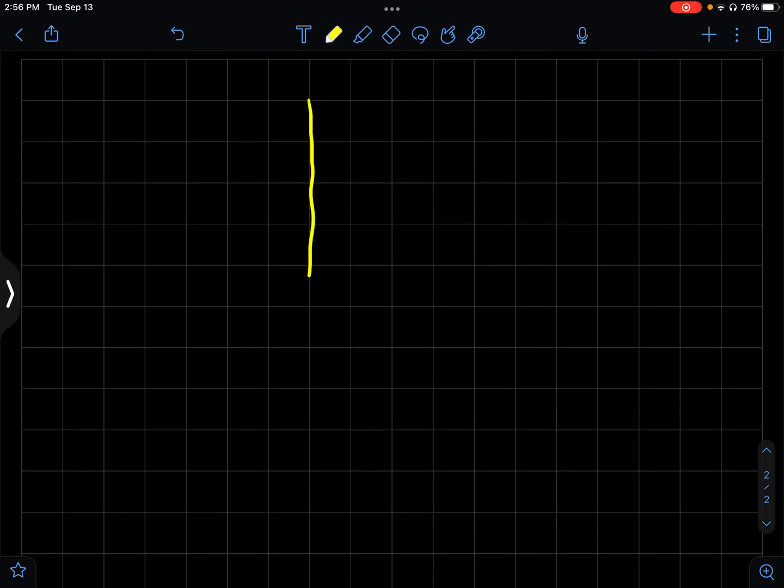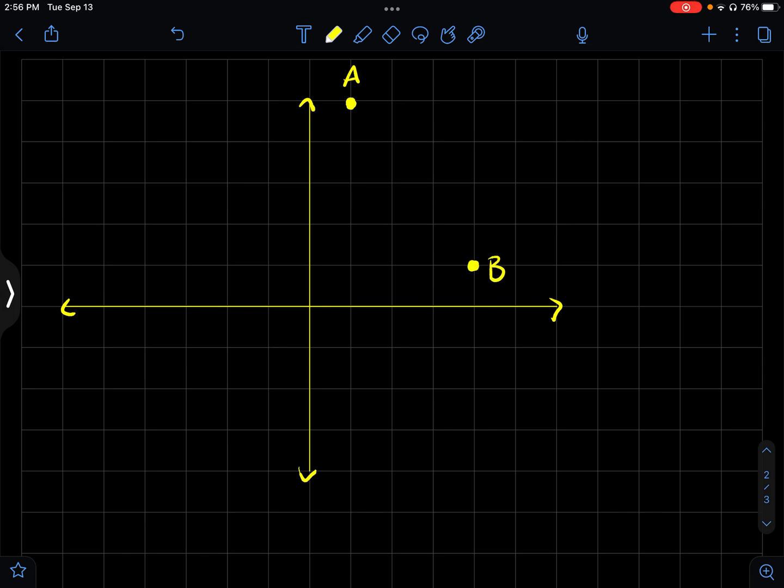So I'm going to sketch a y-axis and an x-axis, and let's start with the point 1, 5. I'm going to call this A, and then 4, 1. I'm going to call this B. If you look at this line segment here, it is not a horizontal line, it is not a vertical line.